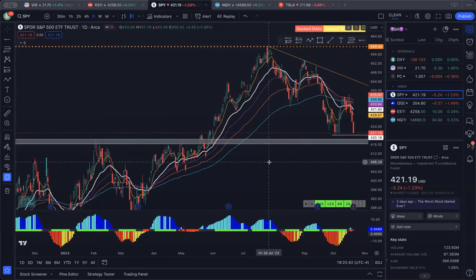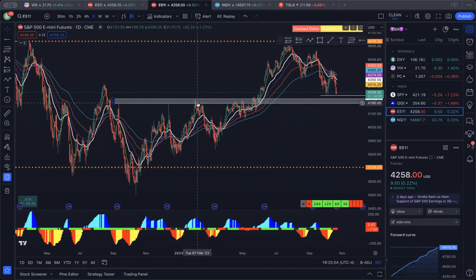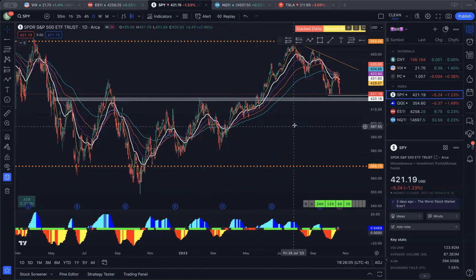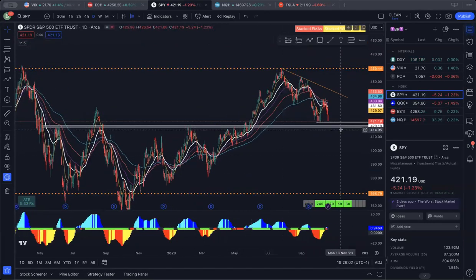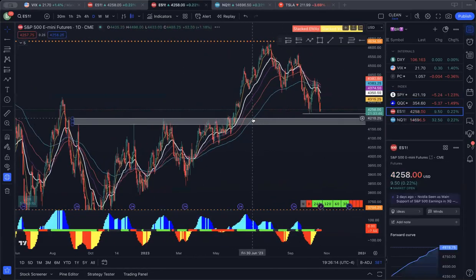So the easiest way to look at it is: here's the support we have here, or resistance. Now if you look at ES, same kind of thing here. This support here that we've seen multiple times is the same support here. So I would be looking for between 416 and 418.50, right around there, would coincide with this here.